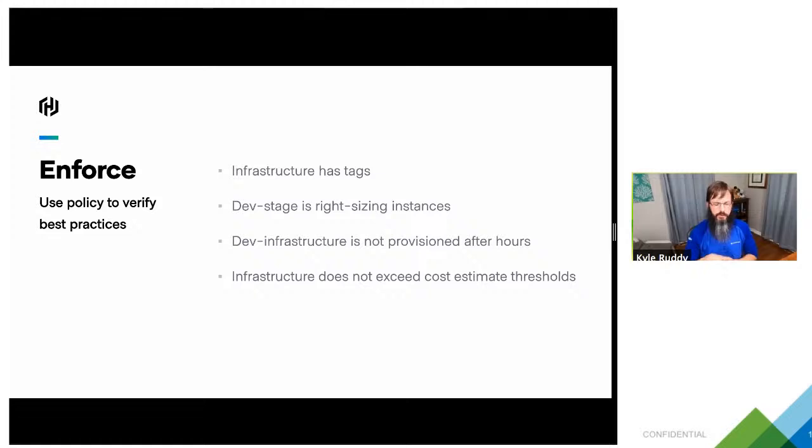Then there's also enforcement. So getting more into the policy side of things and security. So, instead of embedding tags into them, we're now checking, verifying that our infrastructure does have those tags that have been configured. Perhaps making sure that different environments, such as your development or staging or production environments, are using their own individual properly sized instances.